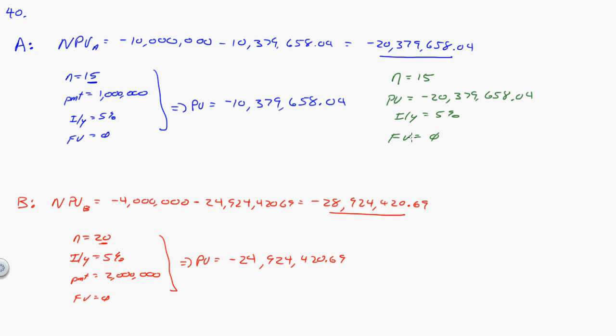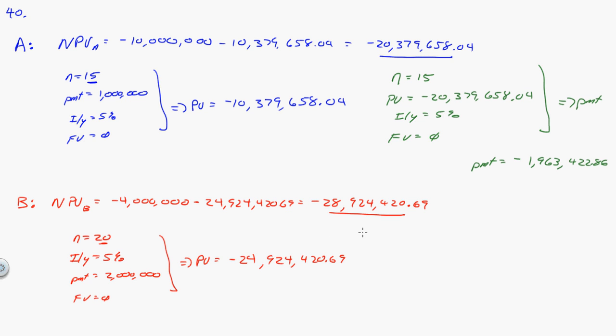When I plug all this in and I solve for payment, the payment is equal to minus 1,963,422.86. So in other words, I could run this every year forever for $1.9 million.